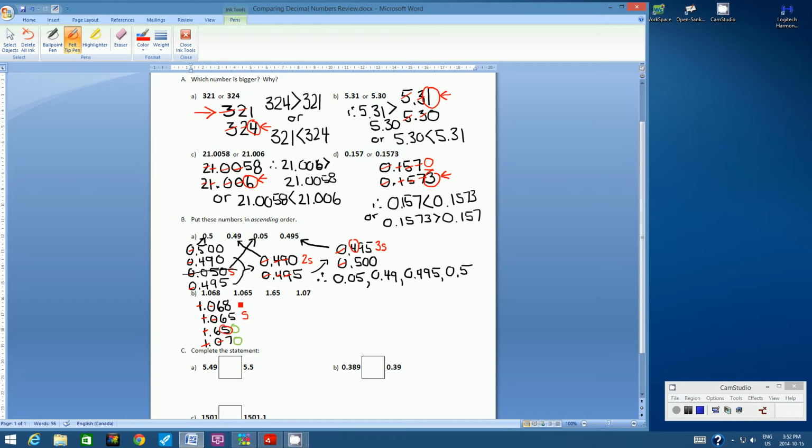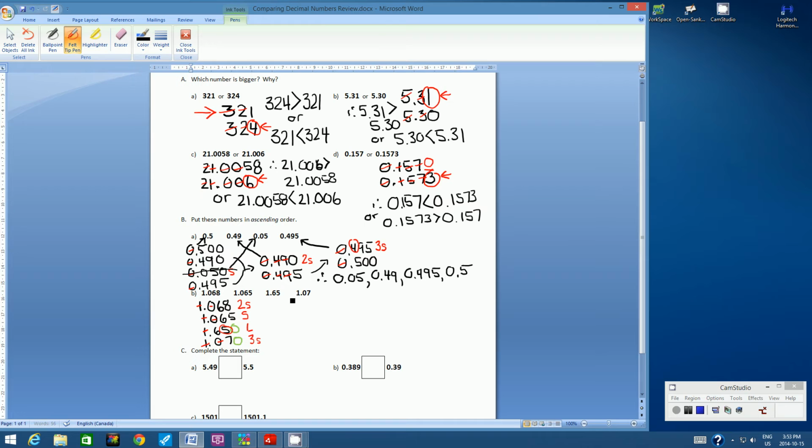The second smallest number is 1.068. The next largest number is 1.07, and the largest number is 1.65. I'd actually written them in reverse order. All right, so I'll put an L here for largest.